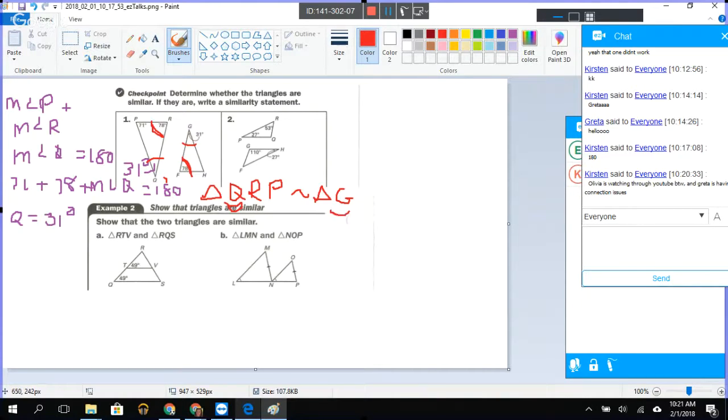Q has to go in the same spot as G. And R and F are the same angle, so where R is, we put F. And that leaves P and H. So we would say triangle QRP is similar to triangle GFH.